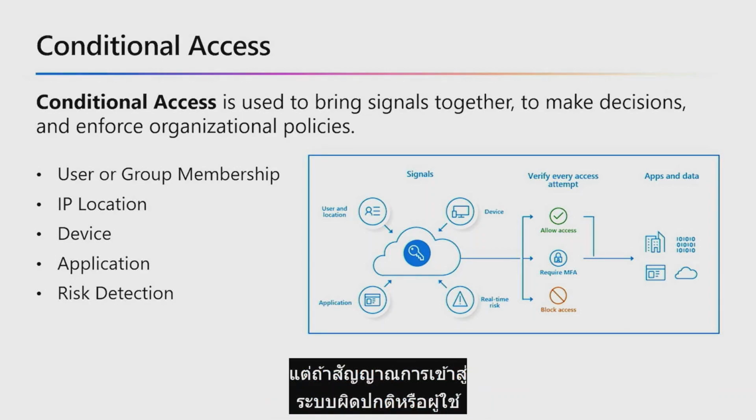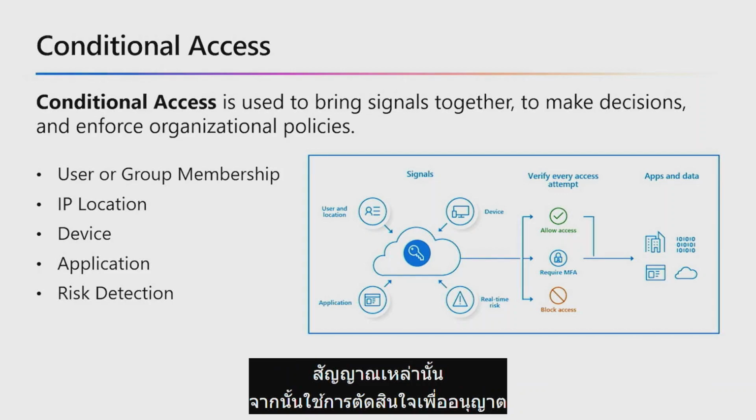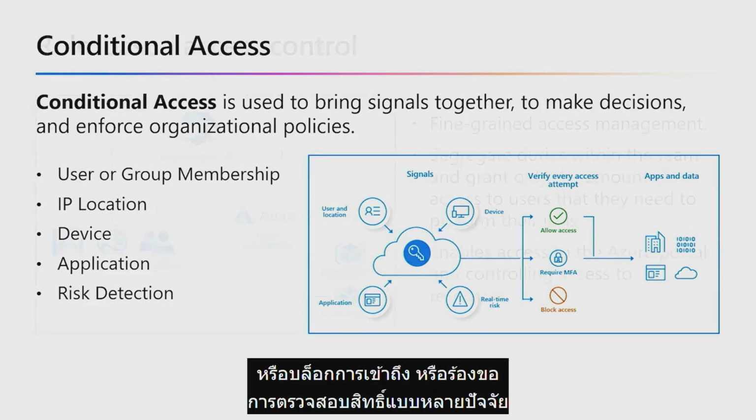However, if login signals are unusual or the user is in an unknown location, they may be prompted for a second factor. When signing in, conditional access collects signals from the user, makes decisions based on those signals, and then applies that decision to allow or block access or require multi-factor authentication.